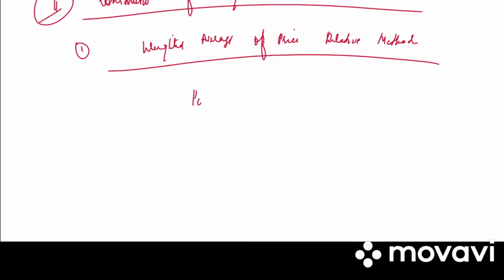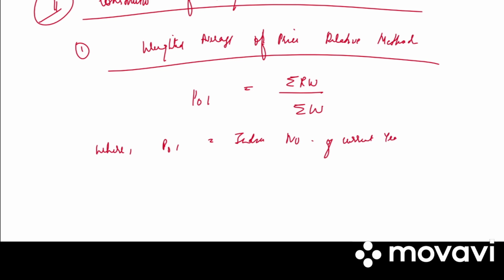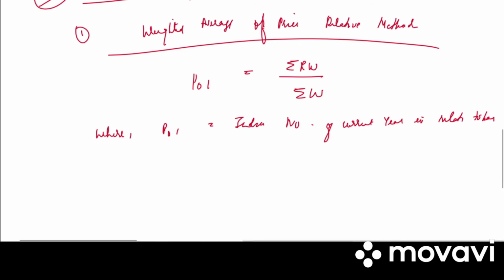So the formula is P01 is equal to summation RW divided by summation W, where P01 is index number of current year in relation to base year. Next we have W, that is weight. R is price relative.